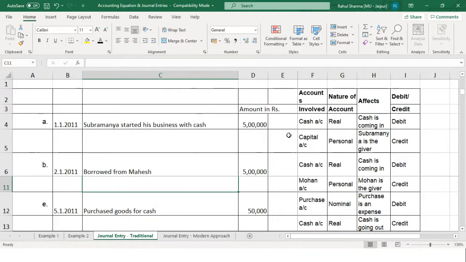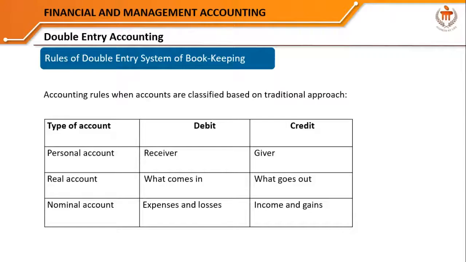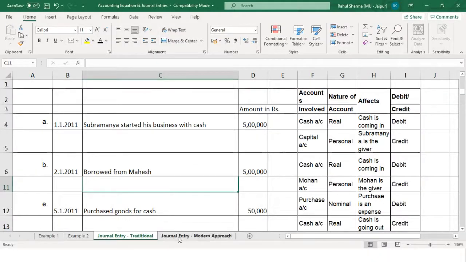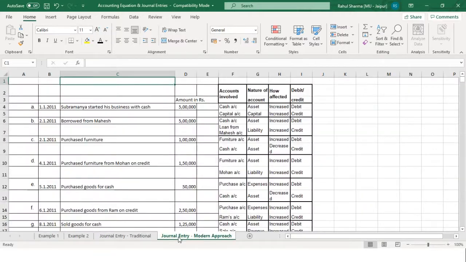In this page, the accounts will remain the same because you cannot change them. You will have cash coming in, and you have capital being raised. But in spite of classifying them into real, personal, nominal, we'll differentiate them: is it an asset or is it a liability?